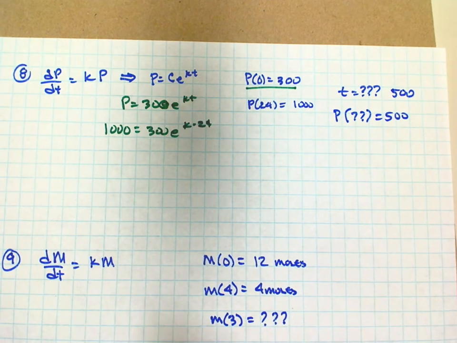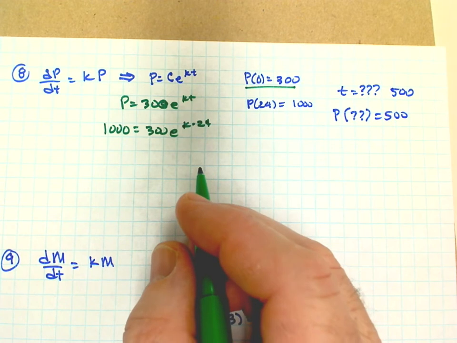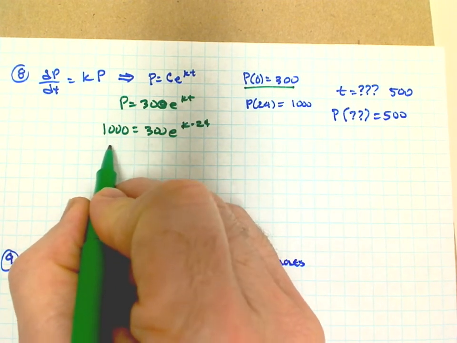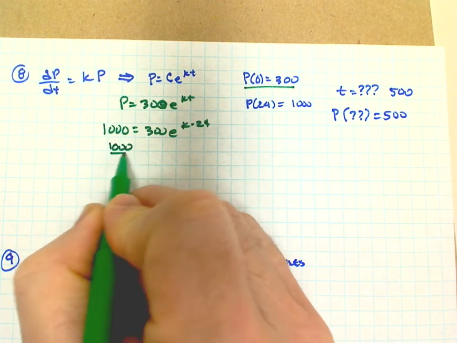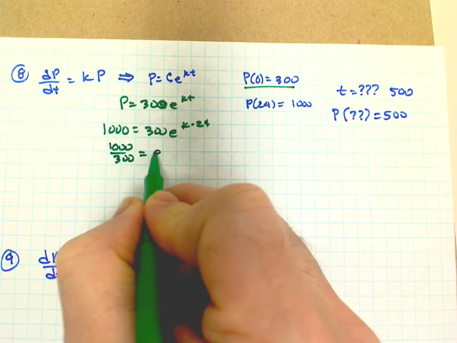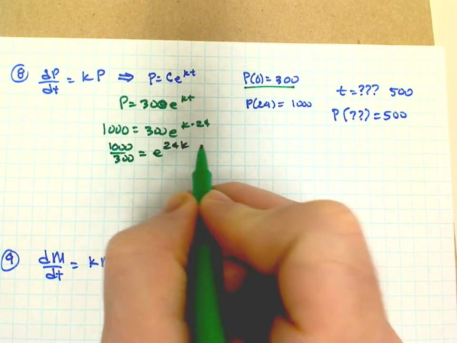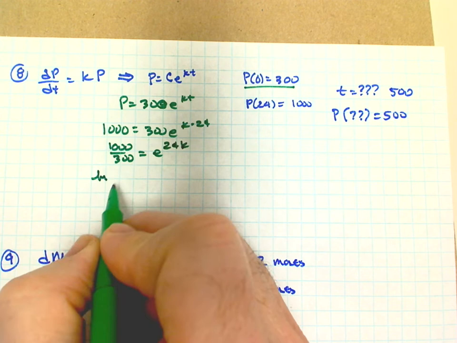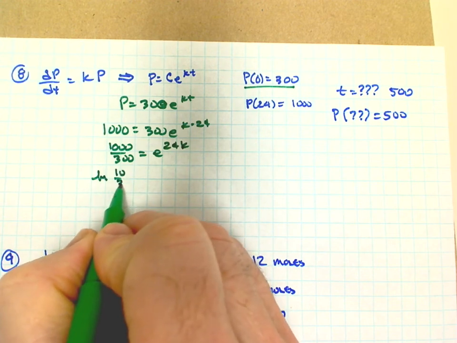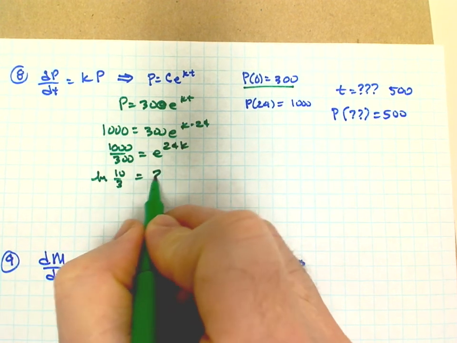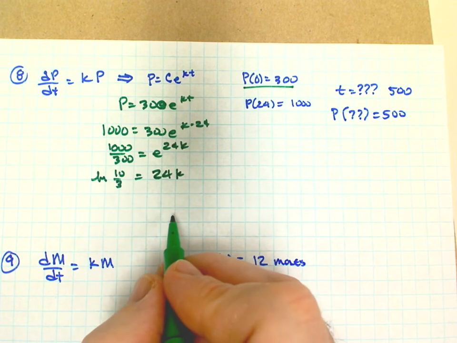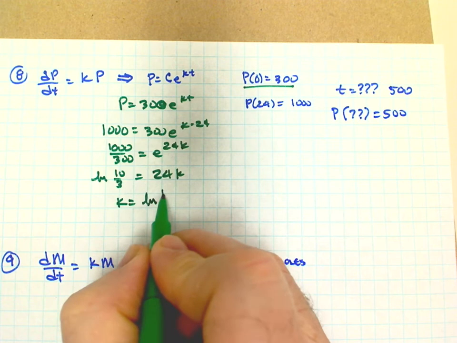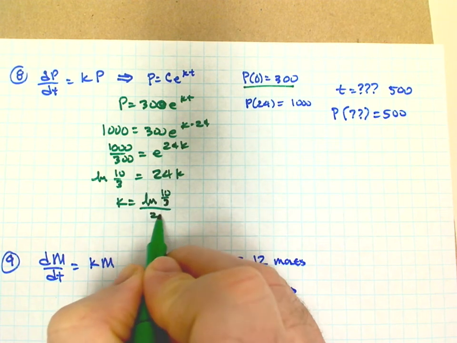And we can divide both sides by 300. 1,000 divided by 300 equals e to the 24k. Take the natural log, and of course I could probably simplify that to 10 thirds equals 24 times k. That means k will equal the natural log of 10 thirds divided by 24.